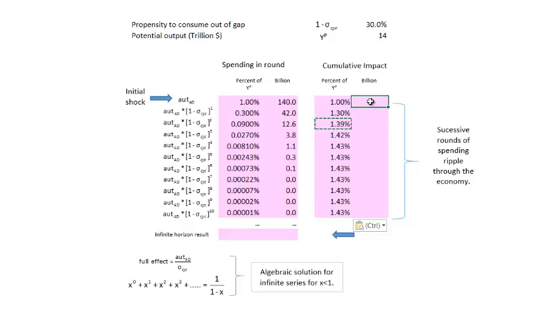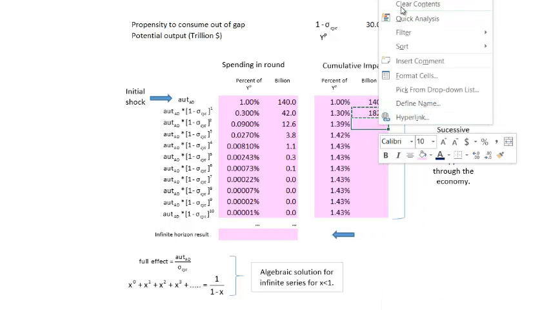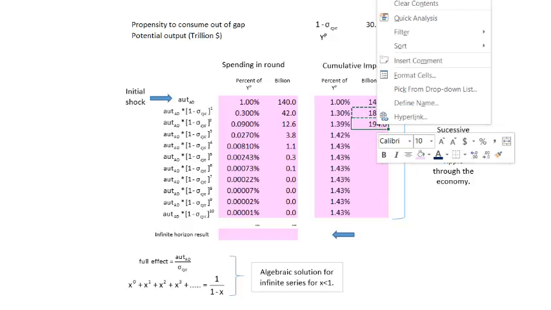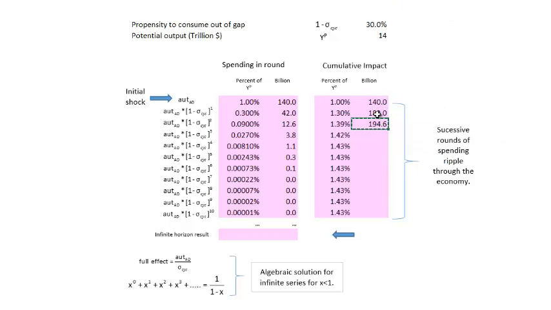Now let's look at this in terms of billions of dollars. In our first round, it was 140, so now we're going to be adding up $140 billion plus the 42. That's $182 billion. Then we're going to be going next to $194.6 billion, which is the 182 plus 12.6.